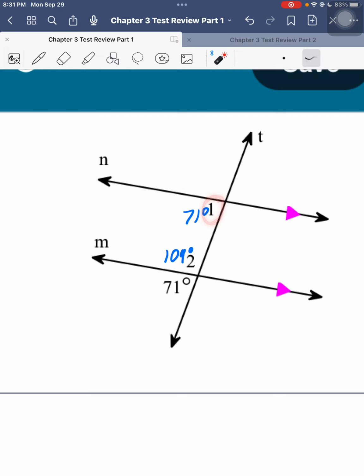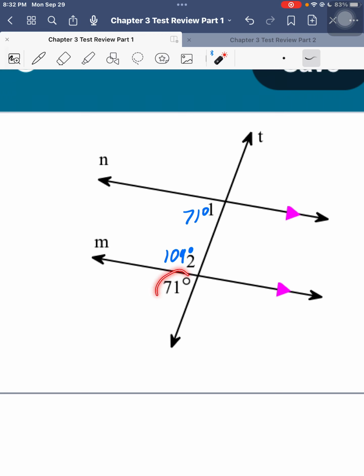If you're looking through the perspective of your measure of angle 1, you would say that measure of angle 2 is 109 because of angle 1 and the same side interior angles converse, which tells me that if my lines are parallel, then my same side interior angles are supplementary. And if I would have taken 180 minus 71 from here, I would have gotten 109.